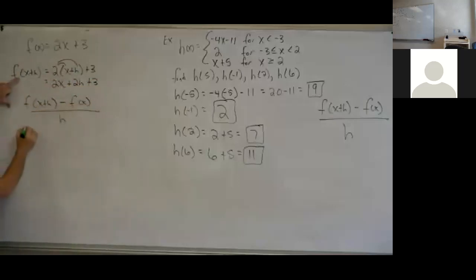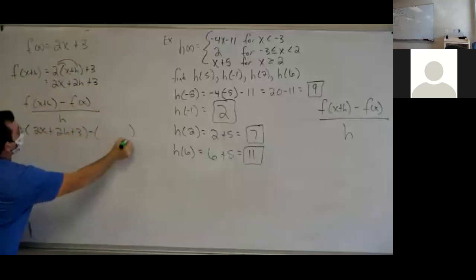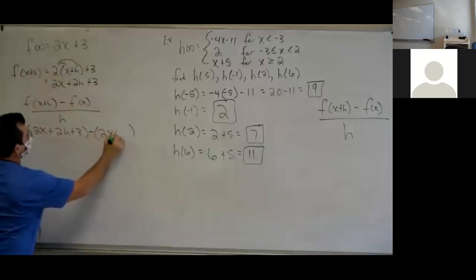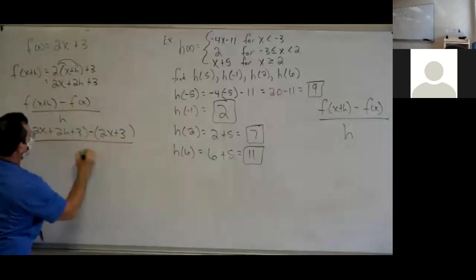You know f of x plus h now, right? It's this. Minus f of x, well, they gave me that. It's this, 2x plus 3. All over h.